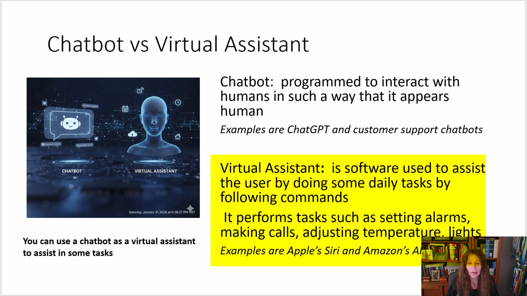If you look at Apple's Siri and Amazon's Alexa, they are set up to perform specific tasks, and some of those tasks are actually working with hardware in smart homes, which requires a little bit more technology that is outside of the chatbot or the LLM. So chatbots are more conversational oriented and virtual assistants are more task oriented.